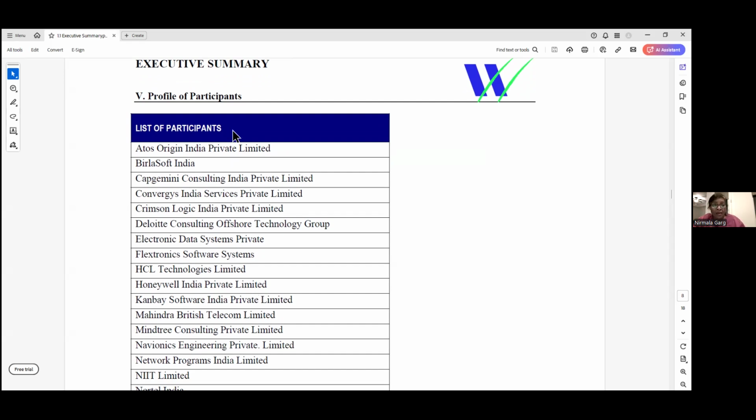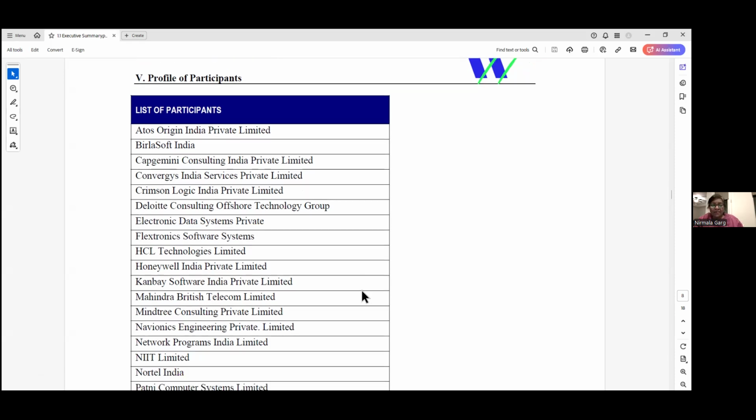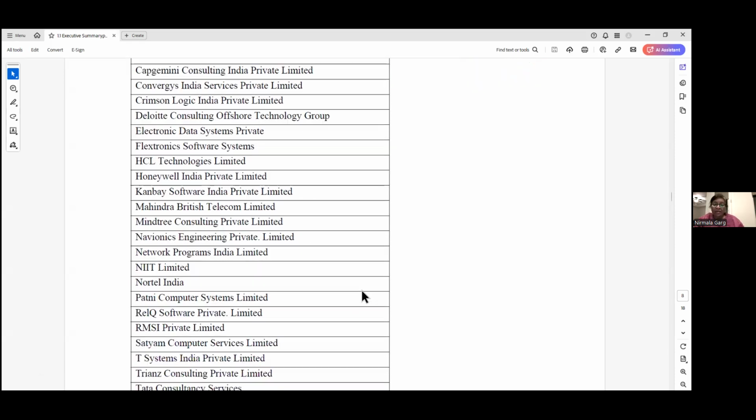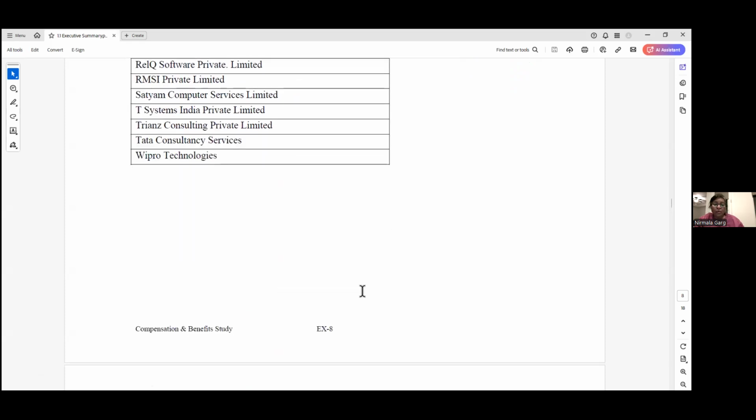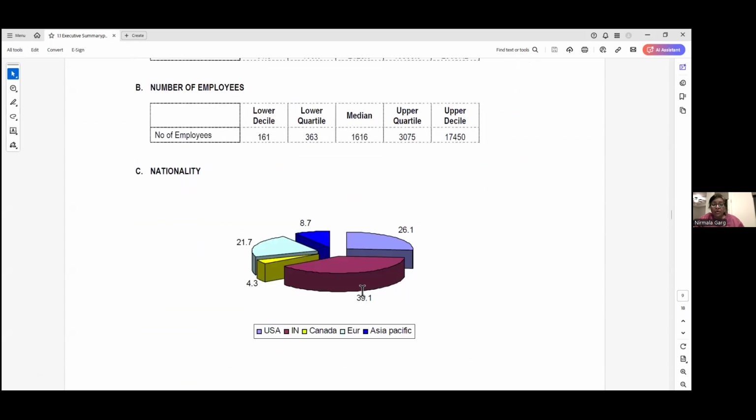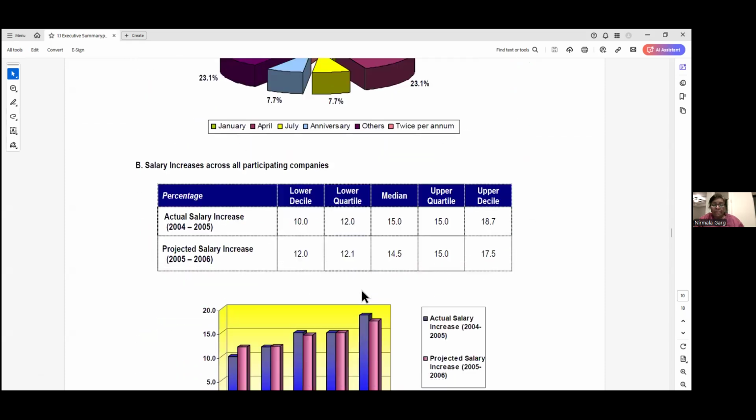No. So I will look at all these participant employers and ask, can I compare? Do they form my competitors and peer group? That's the next one. Once I've done that and I feel that yes, they are my peer group, then we will get to that.